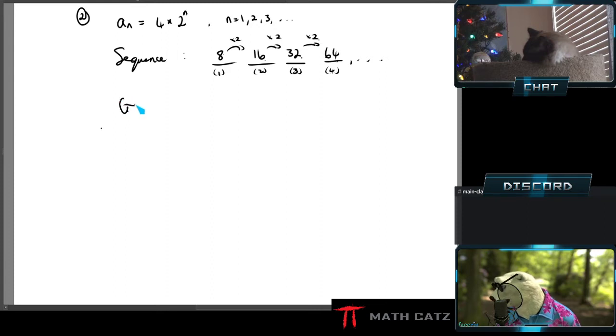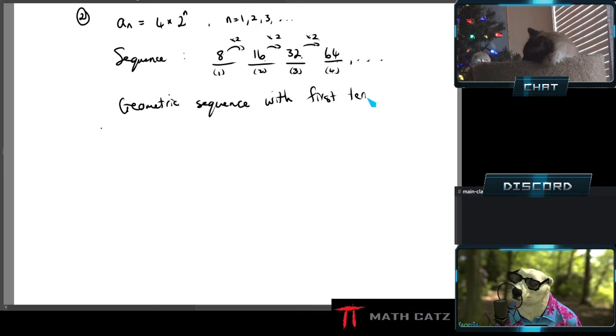This is a geometric sequence with first term 8 and ratio 2. They tried to simplify the formula. They tried to mask the key things about this sequence.